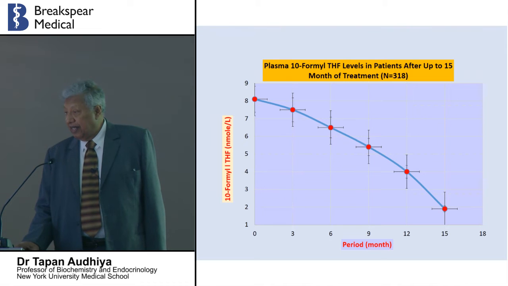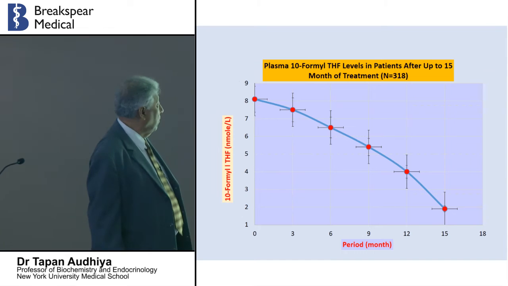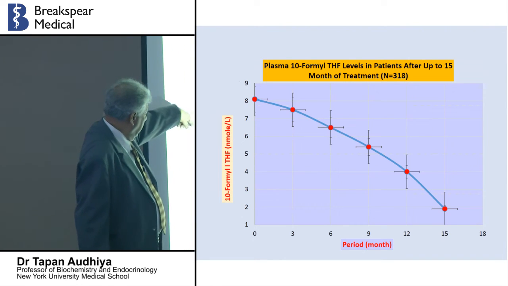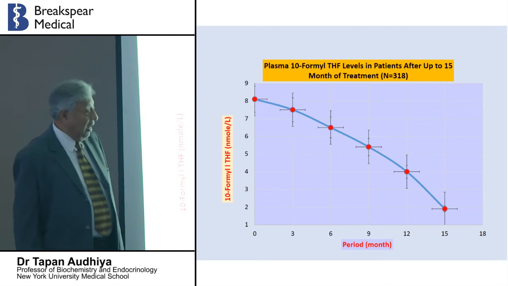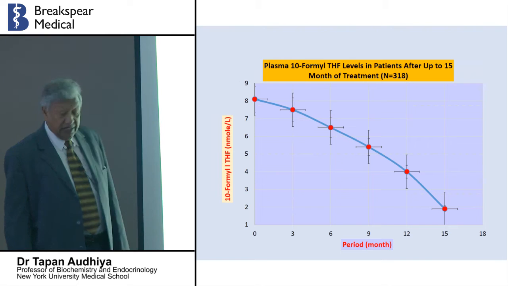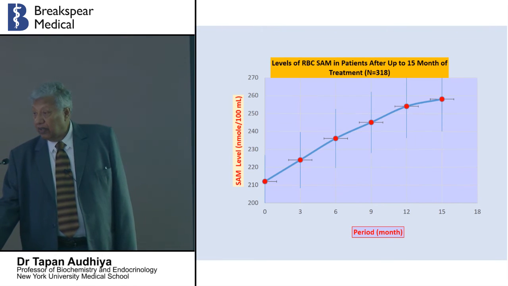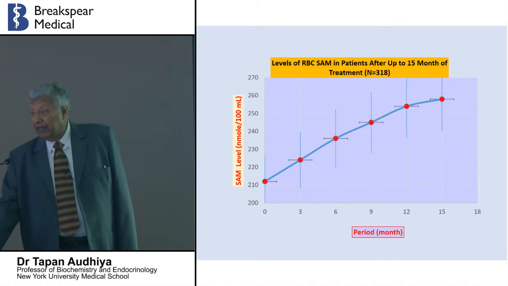And 10-formyltetrahydrofolate, which I talked about, starts from 8 nanomole per liter and goes all the way to 2 nanomole per liter after 15 months of treatment. So it takes a long time to reduce it, but you can reduce it. In SAM and SAH, all things can be done after proper nutritional intervention.